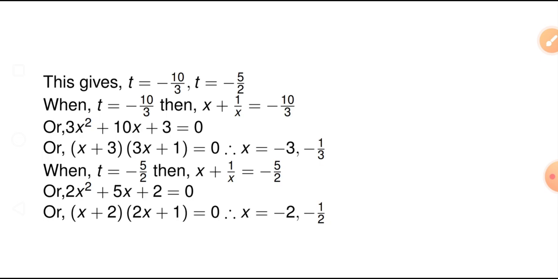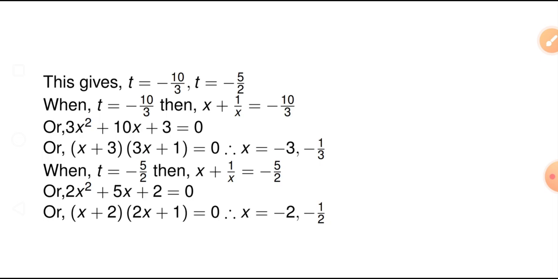Similarly, substitute t = -5/2. Here you take x + 1/x for t. So x + 1/x = -5/2. Again you take the LCM on the left hand side and next you take the cross multiplication. So we form this equation: 2x^2 + 5x + 2 = 0.